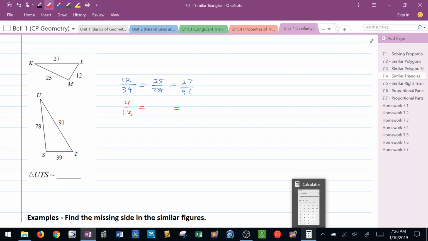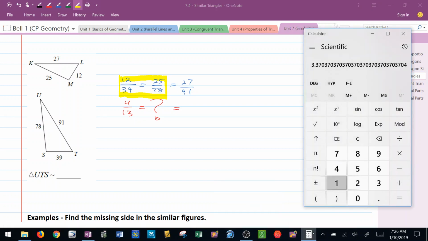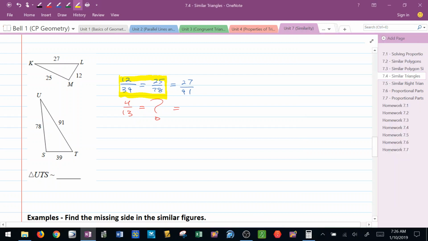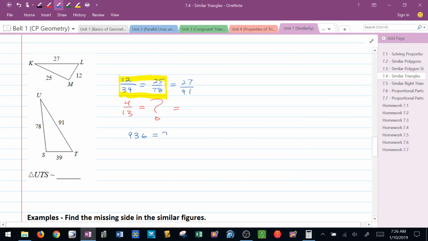So here's another way that I could do this, only because I'm reaching this question mark. I'm going to start to look at these proportions and check the cross product. So in other words, if I just check these first two, all right, I know that the extremes would be 12 times 78 or 936. And the means would be 39 times 25, which is 975.